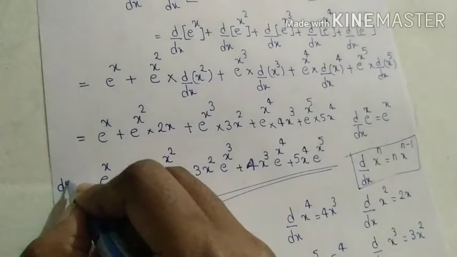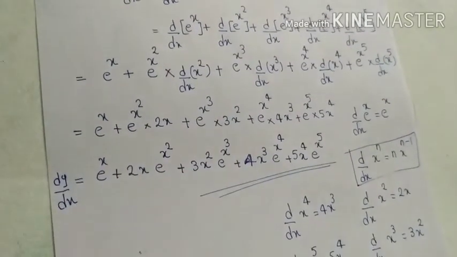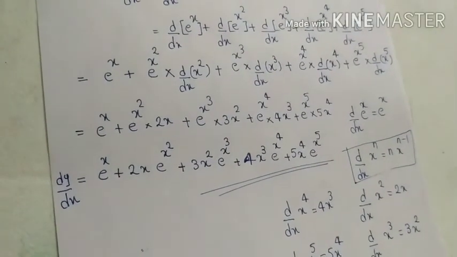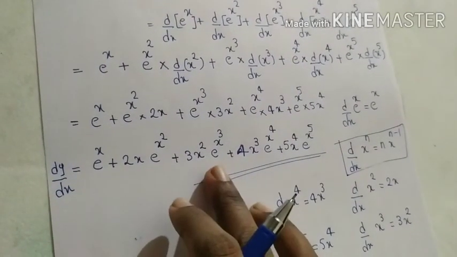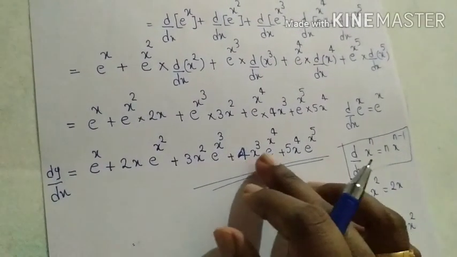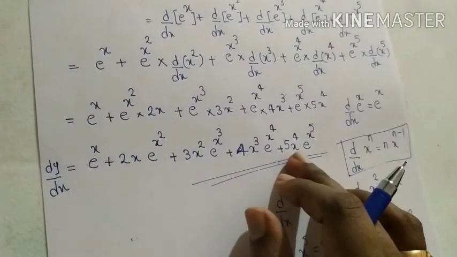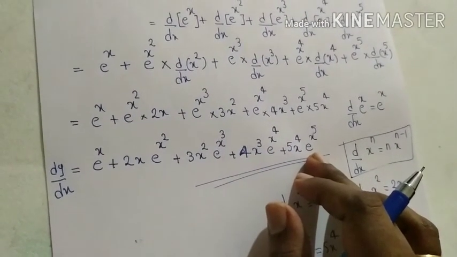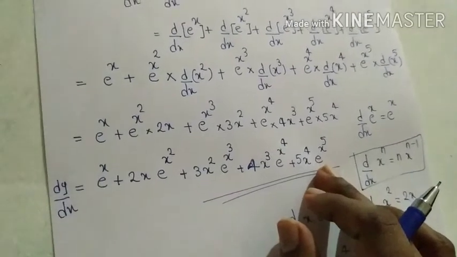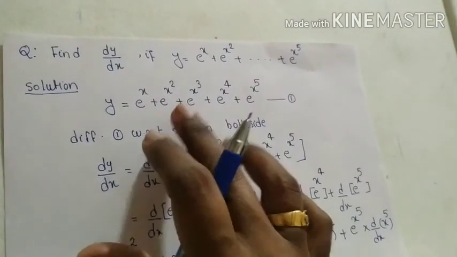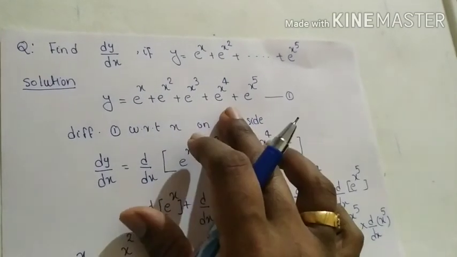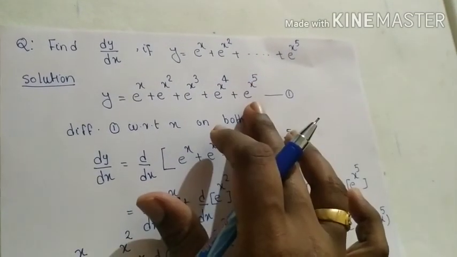So we get dy by dx is e raised to x plus 2x e raised to x square plus 3x square e raised to x cube plus 4x cube into e raised to x raised to 4 plus 5x raised to 4 into e raised to x raised to 5, which is the derivative of e raised to x plus e raised to x square plus e raised to x cube plus e raised to x raised to 4 plus e raised to x raised to 5.